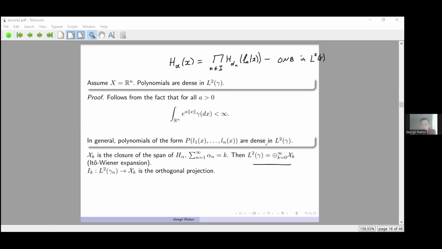So this is an expansion of the space L2 into an orthogonal sequence of subspaces X_k, and X_k is a space of orthogonal polynomials of degree k. And since we have such a representation, we can also consider orthogonal projection on the space X_k.